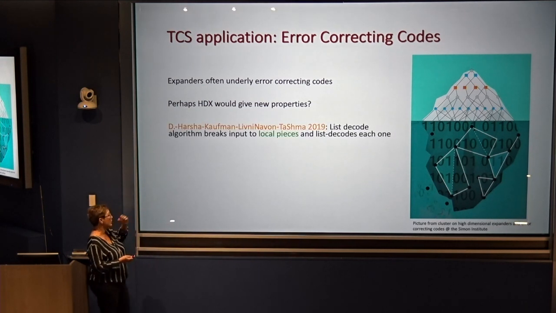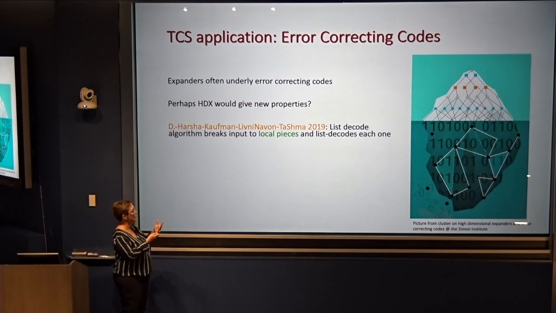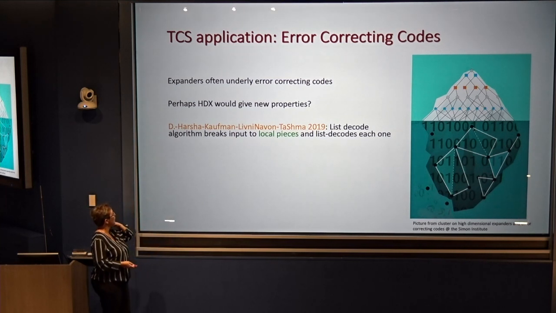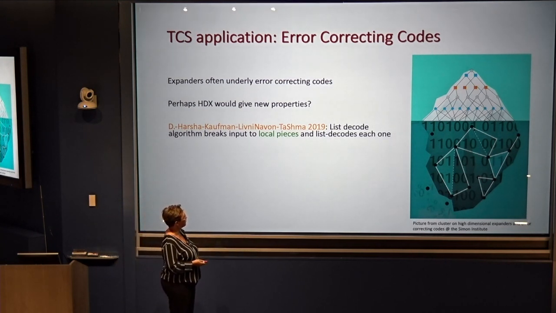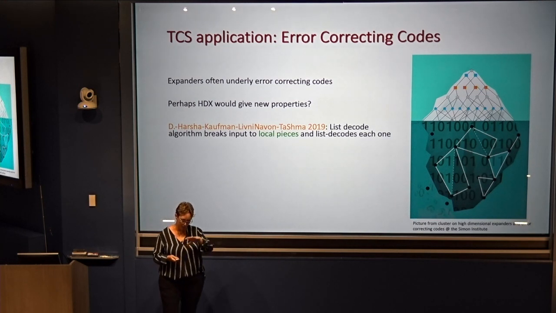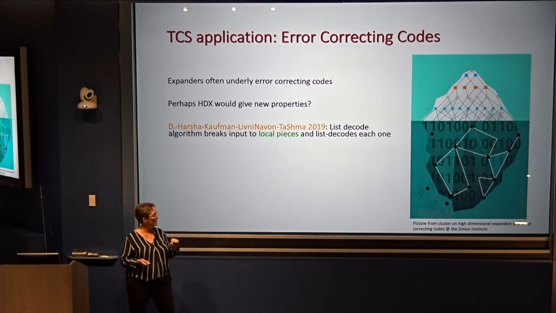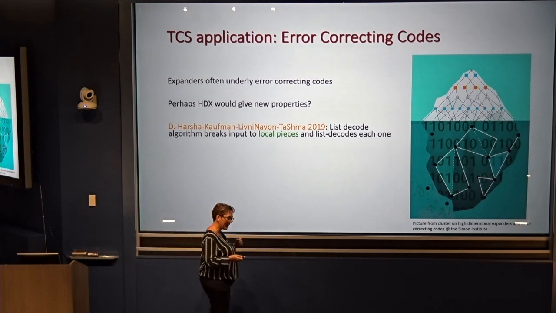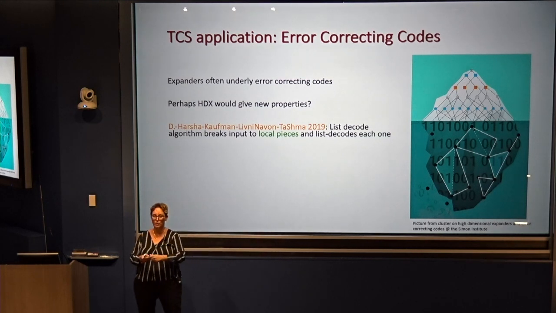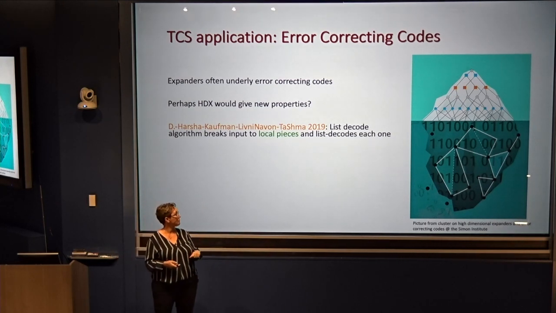And there were a few works that pushed these ideas further. In one work that we had with Harsha, Kaufman, Livni Navon, and Tashma, we showed that if you construct a code on a high-dimensional expander, then you can list decode this code. I don't want to go into exactly what list decoding means. It's some stronger paradigm than just decoding. You can tolerate many more errors.